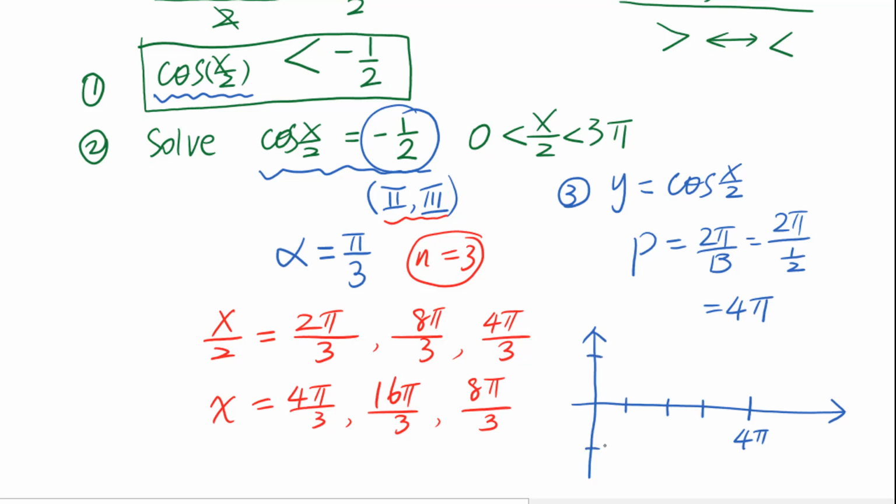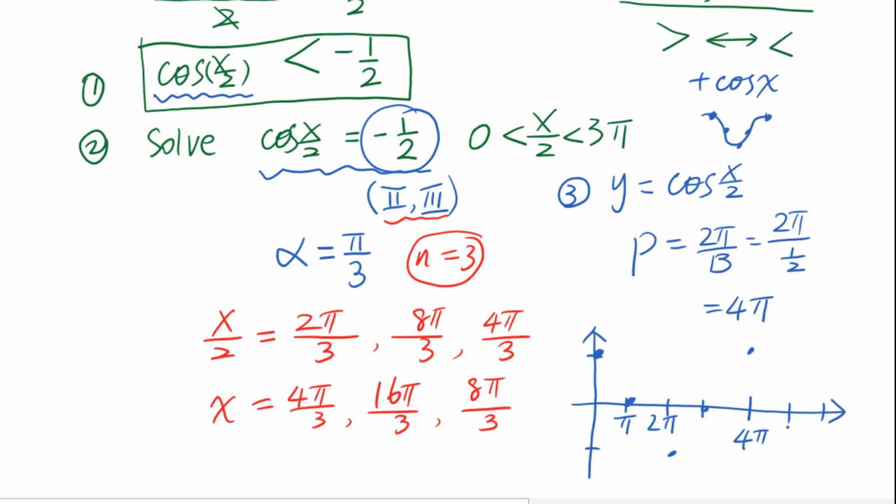Amplitude is 1. For positive cosine x, the pattern is this. We need to figure out 1, 2, 3, 4, 5. This is 2 pi. Half of 2 pi is pi.